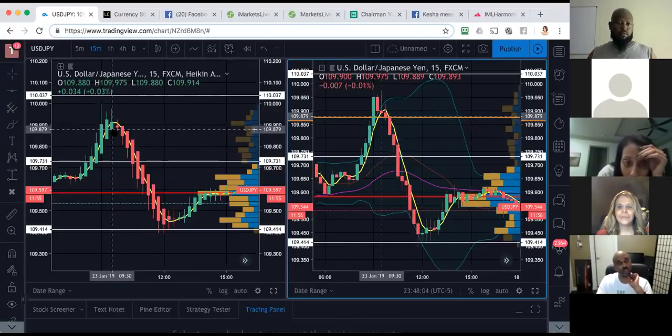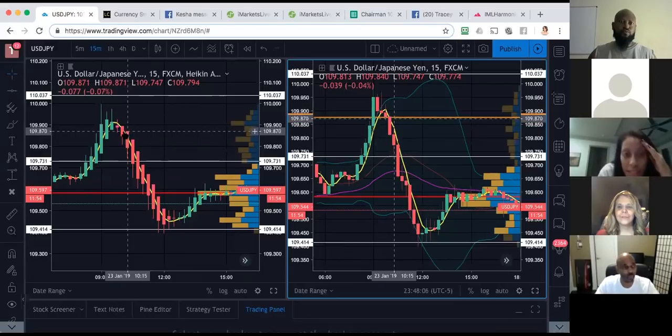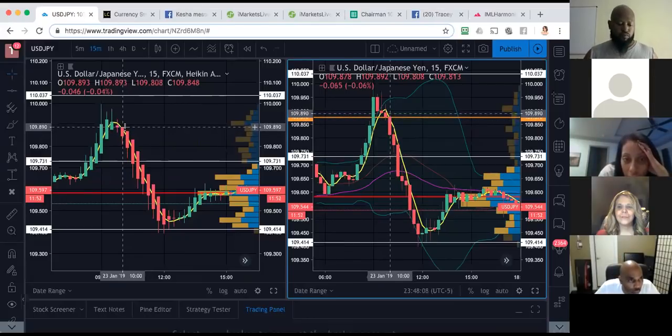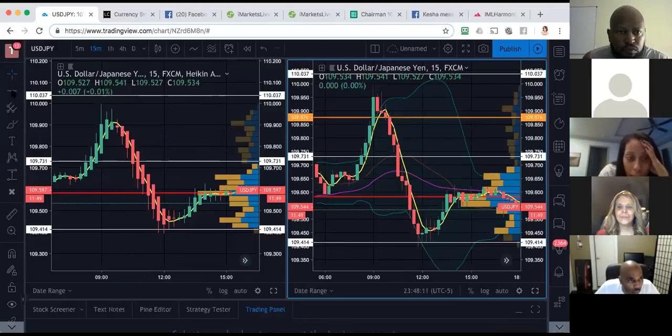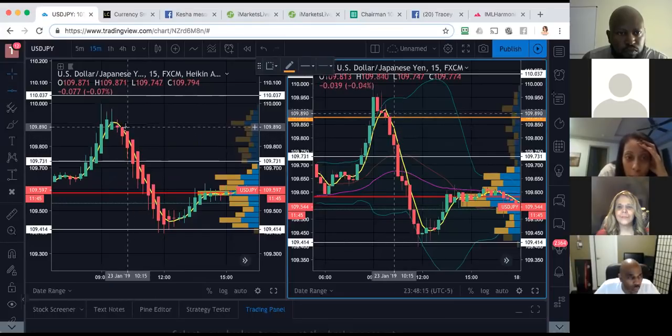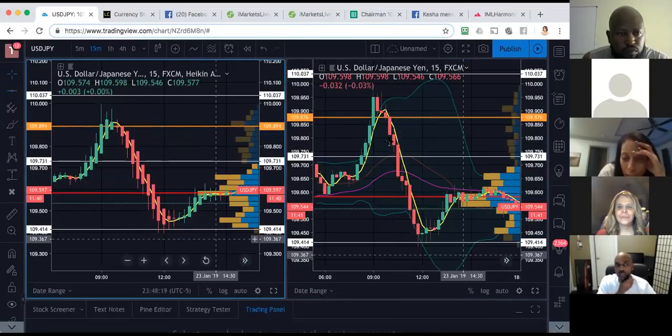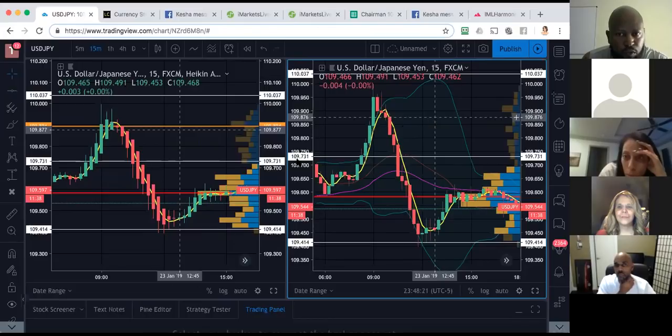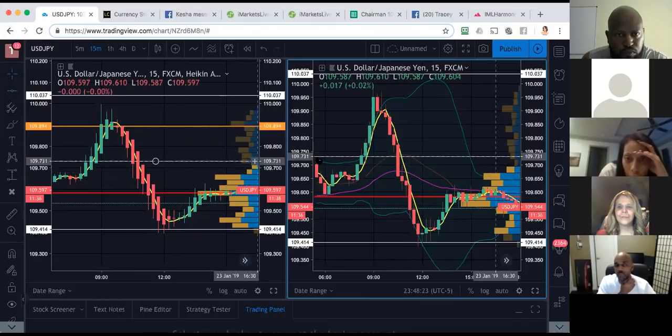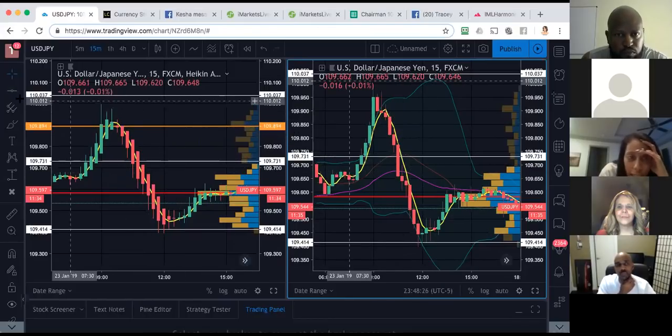The candle that starts to form after the transition candle is a flat top candle. When that candle starts to form, I'm going to put a sell limit right at the top of that flat top candle. Let me take this out of the way. I'm going to put a sell limit right there, which is 109,894.